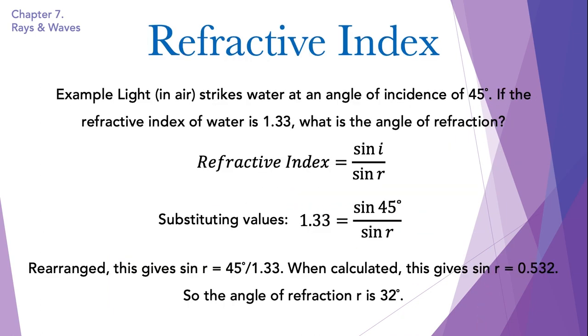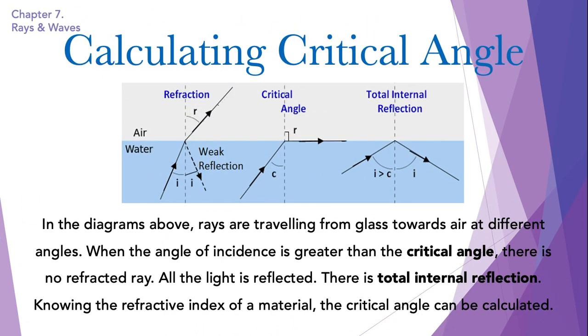Okay, so now that we've understood Snell's law and the equation, we're going to look at how we can calculate the critical angle. So we have these diagrams back in, and in these diagrams you can see that rays are traveling from glass towards air at different angles. This is glass, even though there's water written, but let's assume that this material is glass and this material is air.